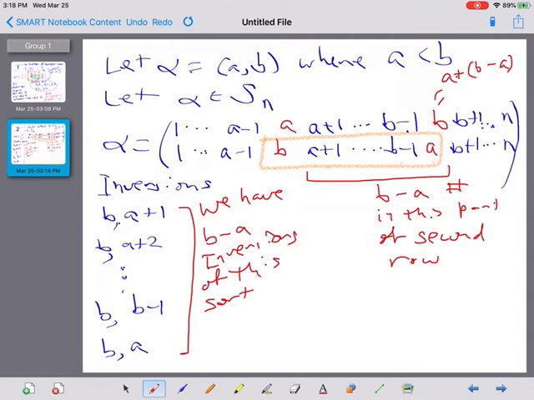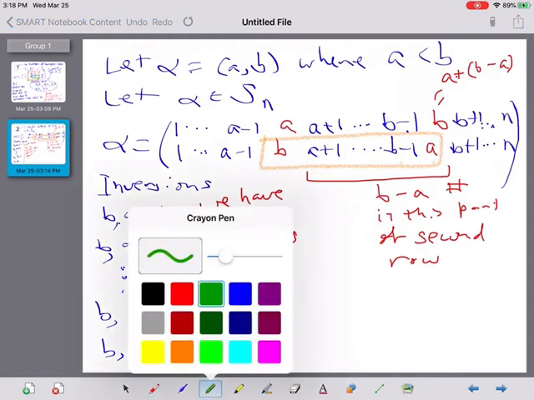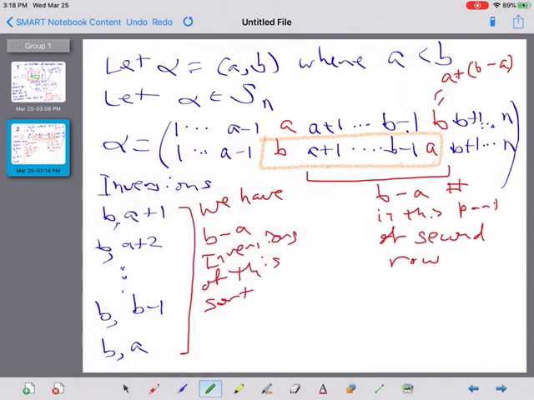Of course, that's not all of the inversions. So let's look at the other inversions. What we have for the other inversions is going to look like this. We have inversions in this part of the second row that all end in the A, and they start with one of these numbers.